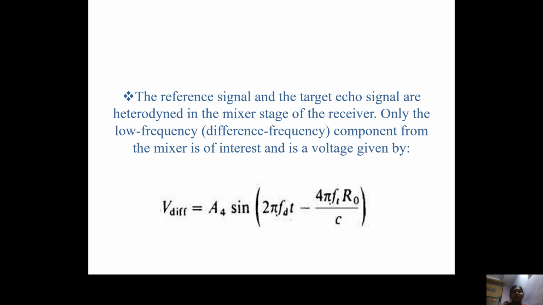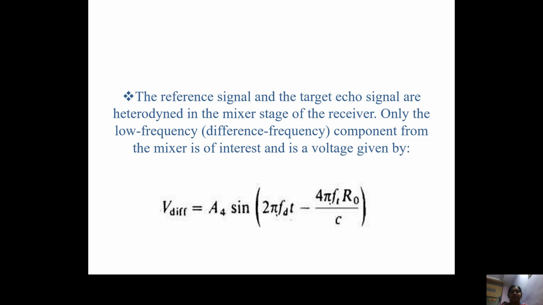This is the difference voltage which is obtained from the mixer. In the mixer, as I discussed earlier, the reference frequency ft and the transmitted frequency get cancelled and the resultant difference frequency is obtained. If you see here, minus 4π ft r0/c is the phase of the difference signal.